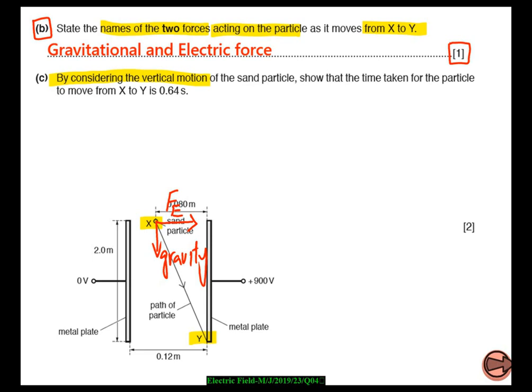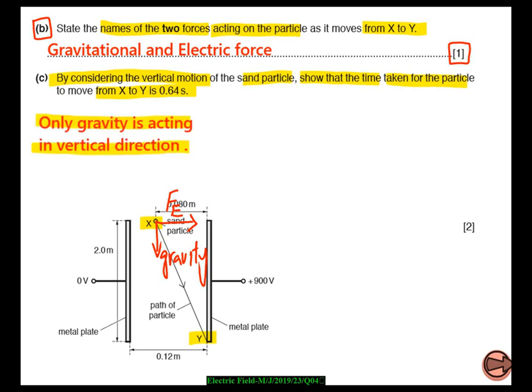As we only need to consider vertical motion, along the vertical there is only one force acting, that is gravity. This is a very important piece of information we need to understand to answer this part of the question. So now let's try to write down what is given to us and what we need to find.